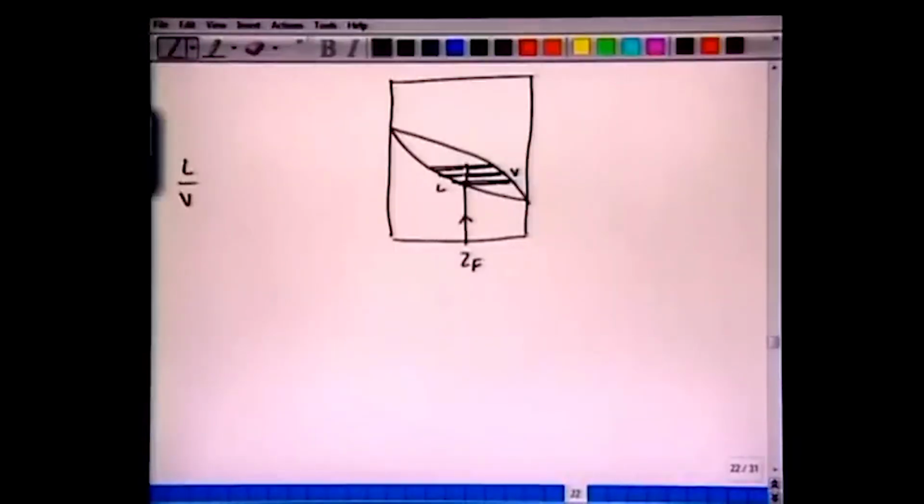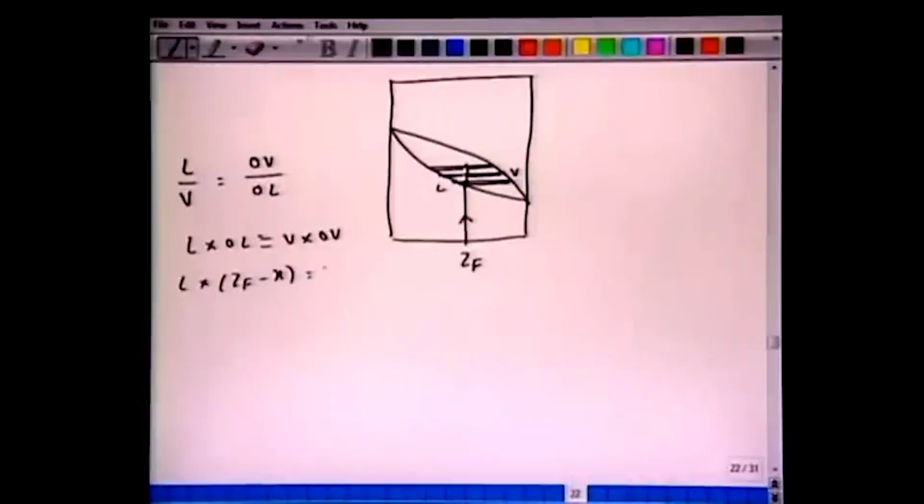L by V equals OV over OL, or we can write L into OL equals V into OV, or L into ZF minus X equals V into Y minus ZF.